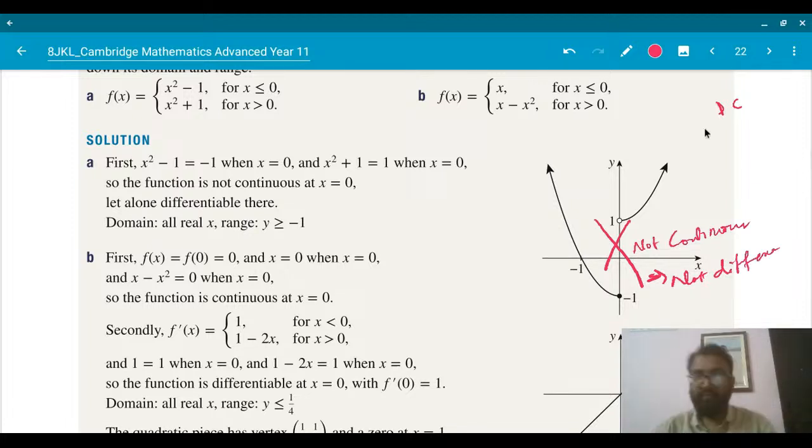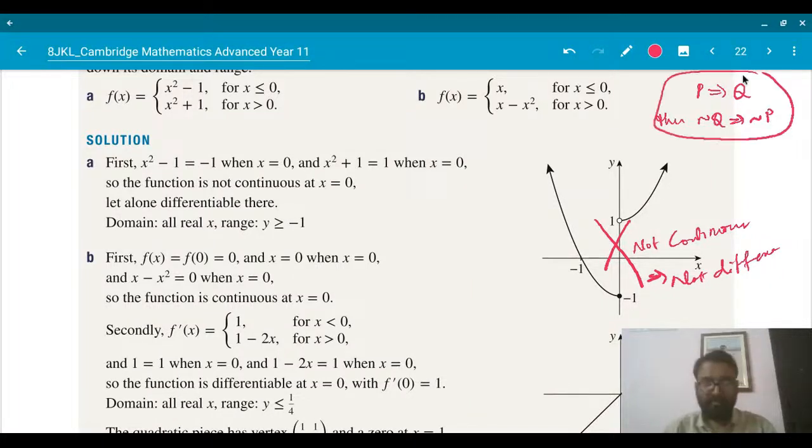If P implies Q, in mathematical statements, then negation Q implies negation P. This is the logic. It is the most important thing. So if it is differentiable, it implies continuity, and the same thing, non-continuity implies non-differentiability also.